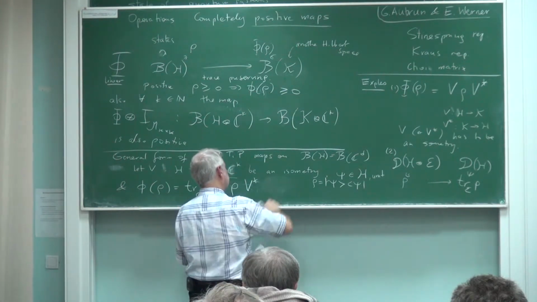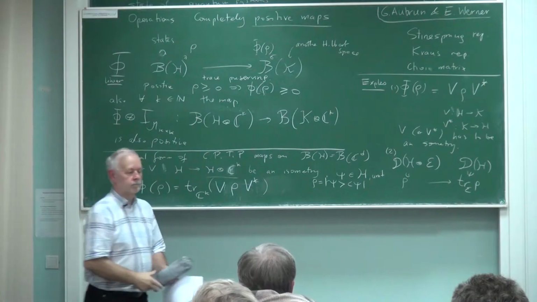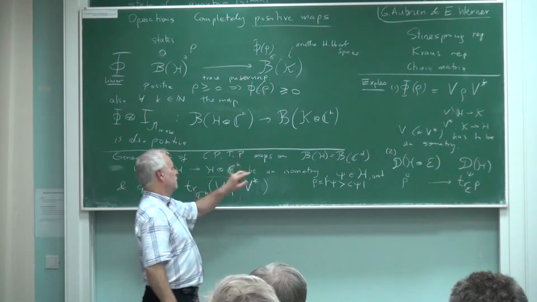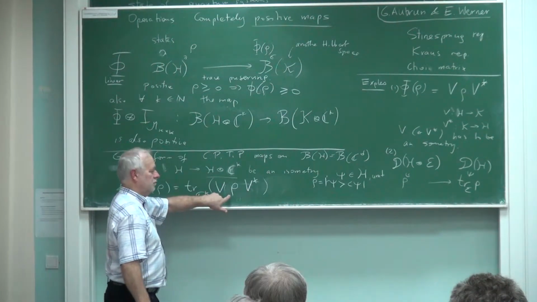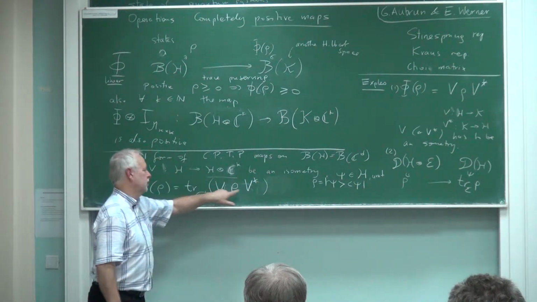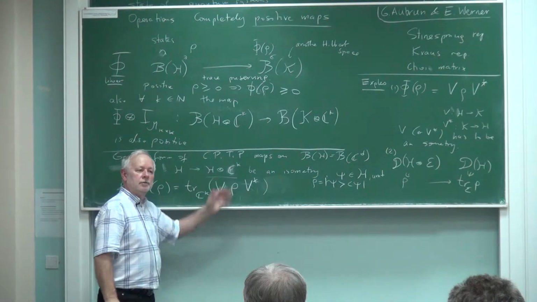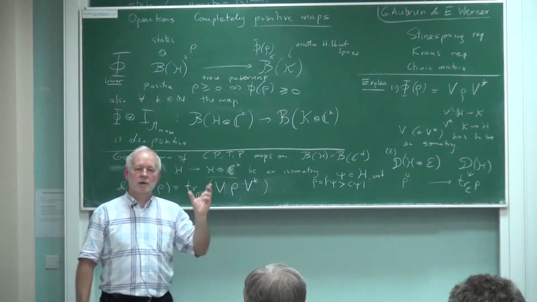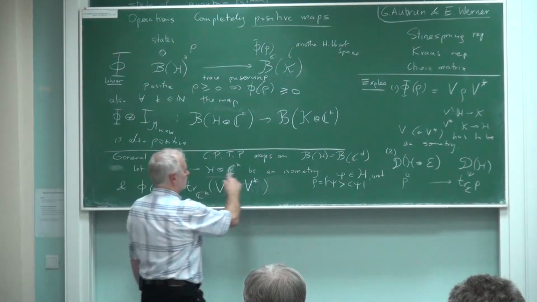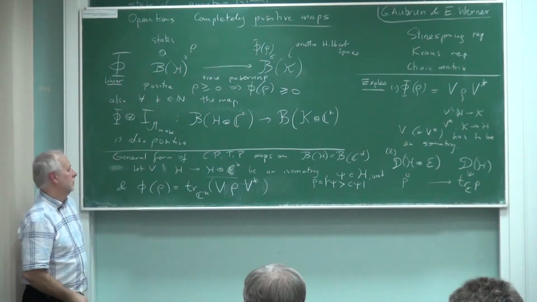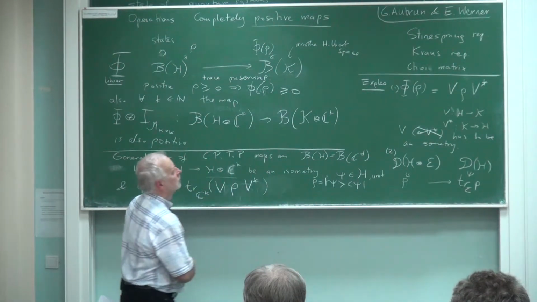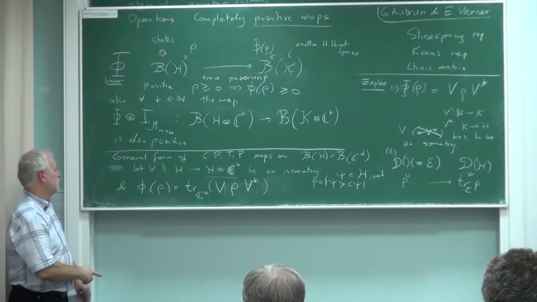Because I assume that V was an isometry, V psi was a unit vector. So that projection in the previous version was a rank 1 projection of trace 1. So that was trace preserving, and that was the crucial point.